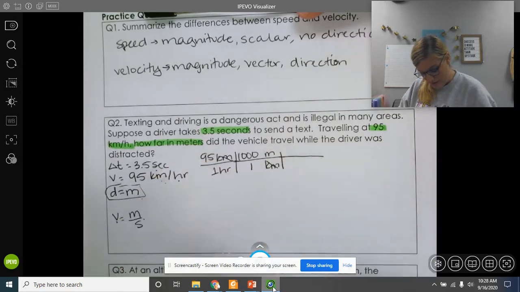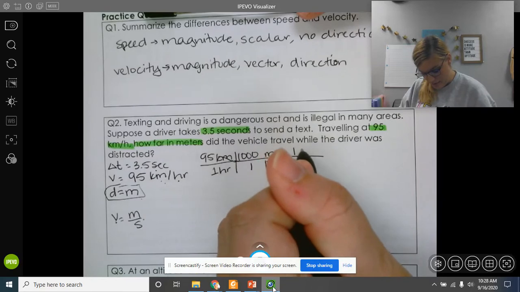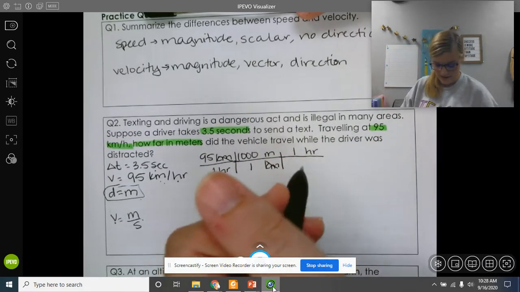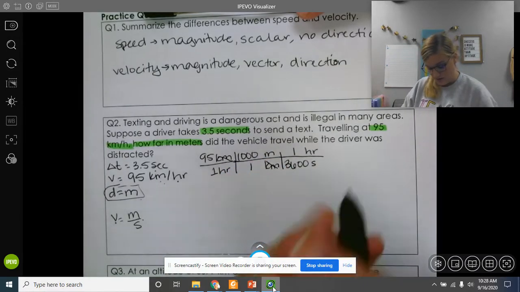So that gets me to my meters, and now I need to get to meters over seconds. So I have my 1 hour, and in 1 hour I can go to minutes to seconds, or I know that it's going to be 3,600 seconds and cut down a little bit of time there.